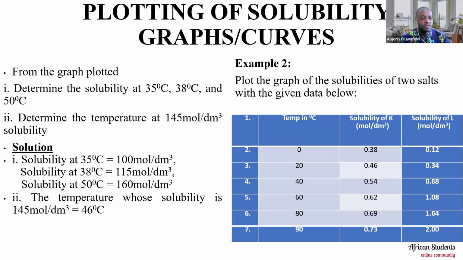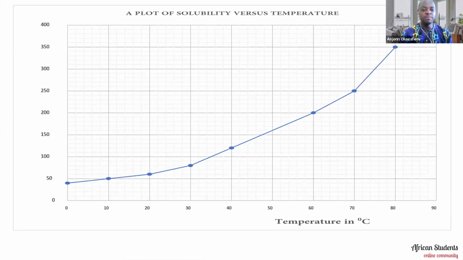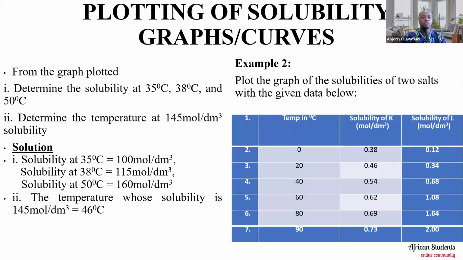You see the solubility at 35 degrees Celsius is 100, the solubility at 38 degrees Celsius is 115, and that at 50 degrees Celsius is 160, based on our graph. Okay, so the question says determine the temperature at 145 mole per dm cube.